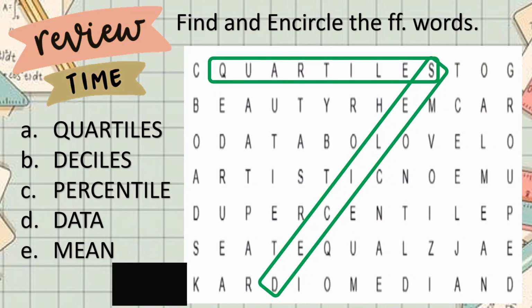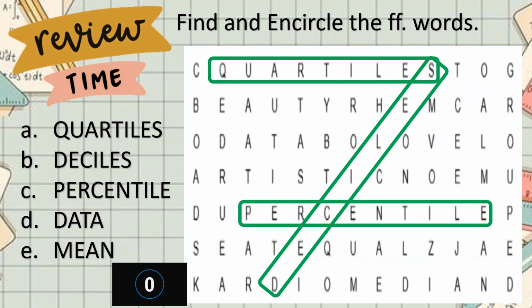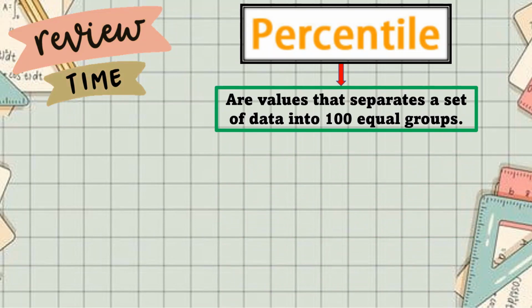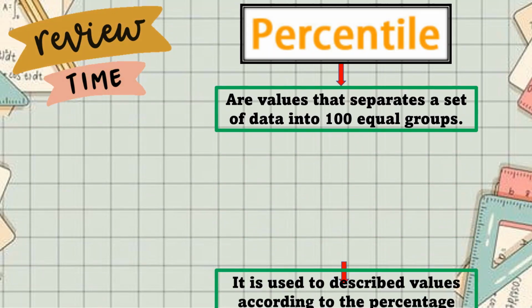Now, let us find the word percentile. I will give you again 10 seconds to find it. The word percentile is here. Remember, percentiles are values that separate data into 100 equal groups.